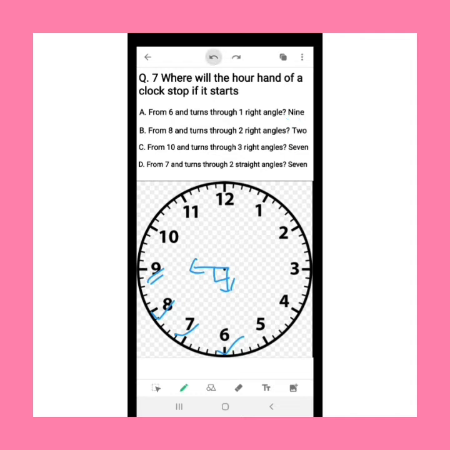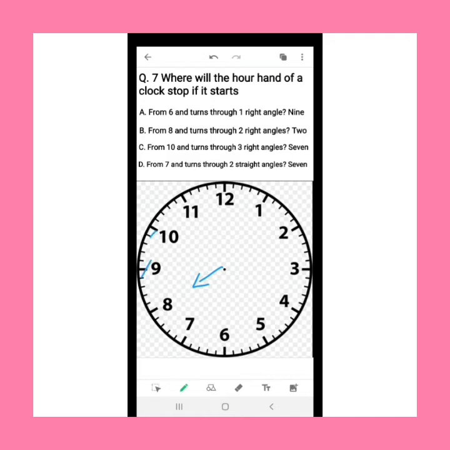Next, from 8 and turns through two right angles. One right angle will be by crossing 2 points, 1, 2 crossed.